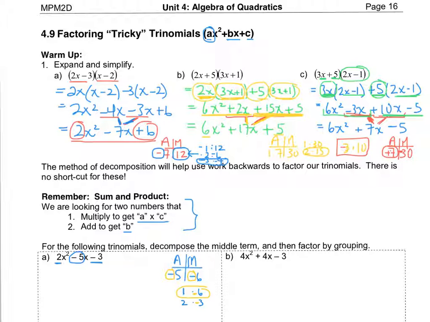So that tells us, we're going to break this into a 2x squared. The minus 5x will become a plus x, or plus 1x, and then a minus 6x and a minus 3. And then I'm going to pair up my terms and common factor the pairs. So in the first pair, x is common, leaving us with 2 x's and a plus 1 when I divide x out of those two terms.